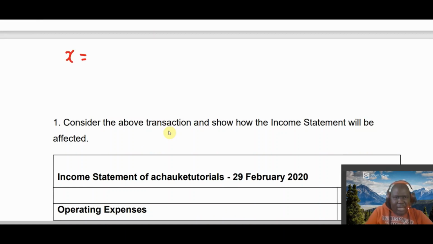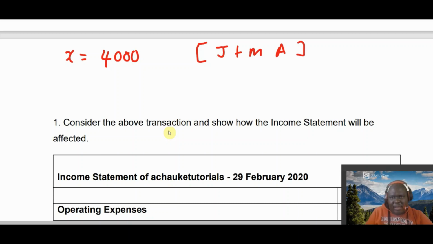So our x was equal to 4,000. So it means that the payment from January, February, March and April, the x that they were paying, the x that we want, will be 4,000 times 0.90.